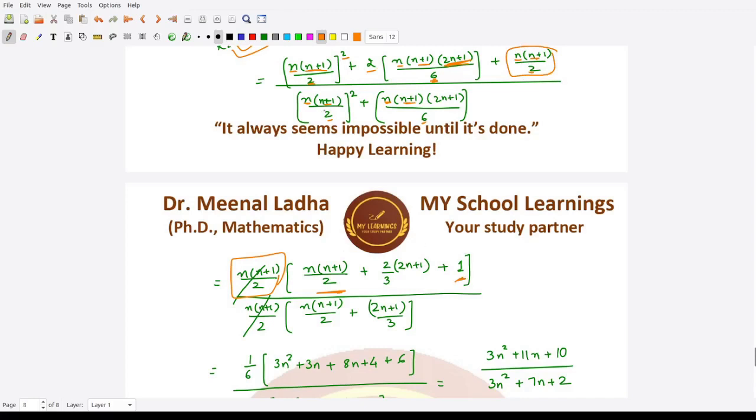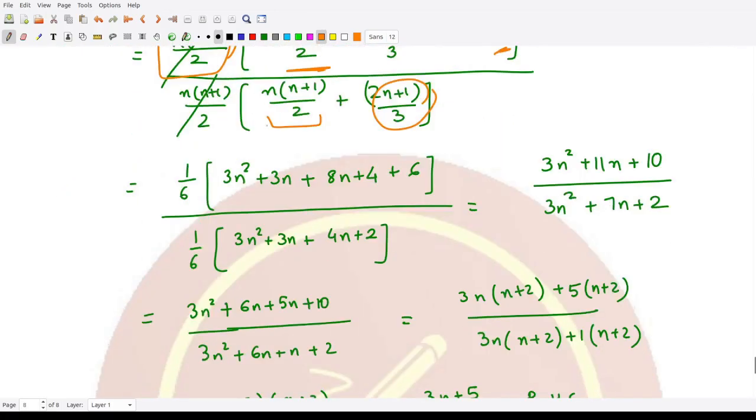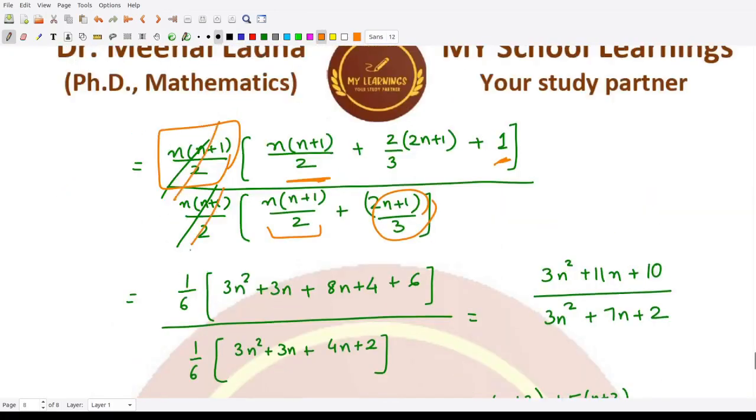Similarly in the numerator, once we take (n+1)/2 common, we are left with one power of it here, and you have taken this outside, and 2 into 3 outside, so you're left with (2n+1)/3, this term. Once you have this term, you see both these terms get cancelled, so you're left with this much portion.